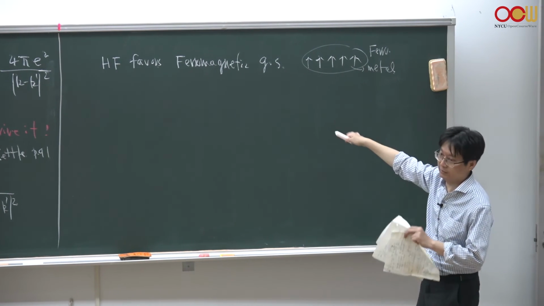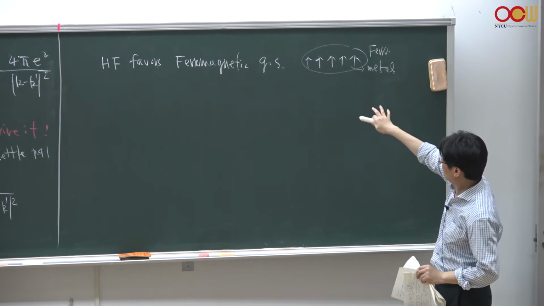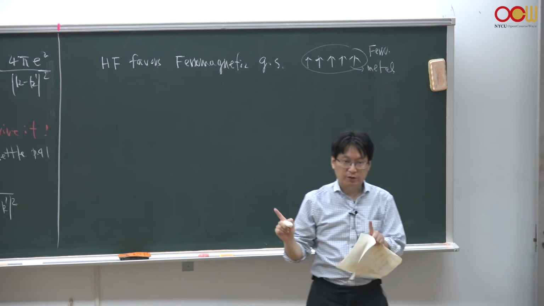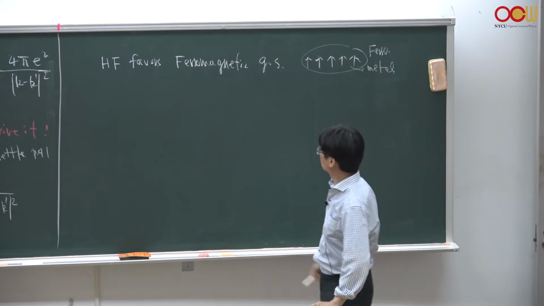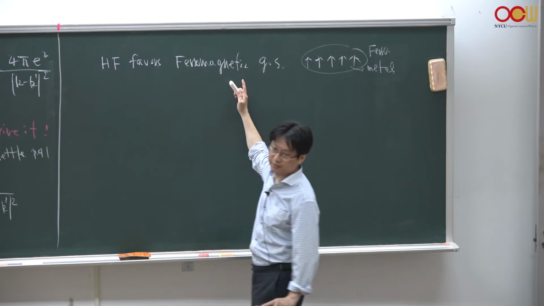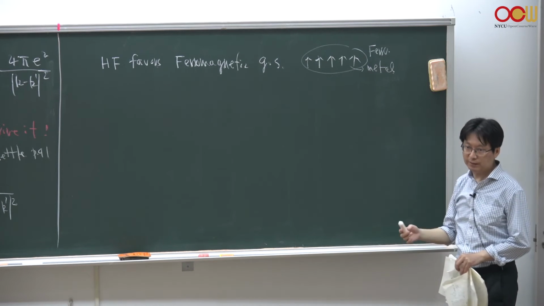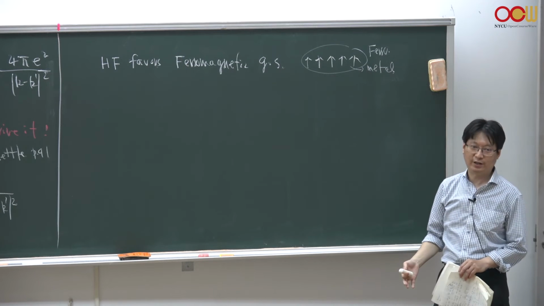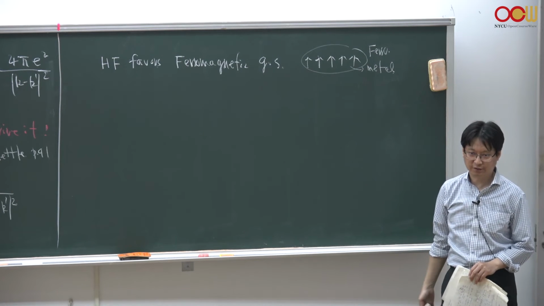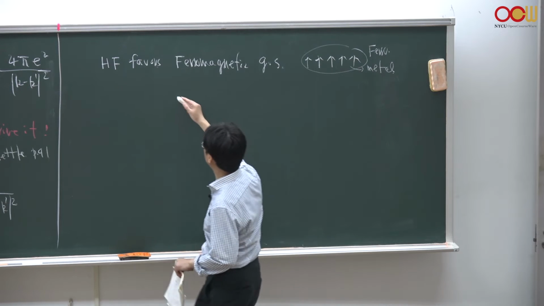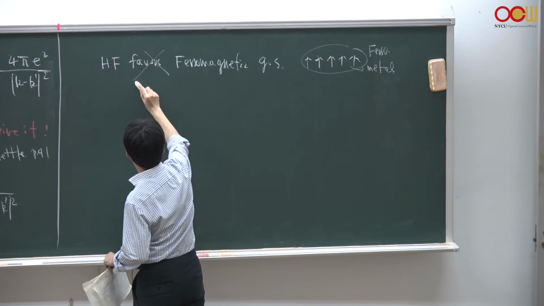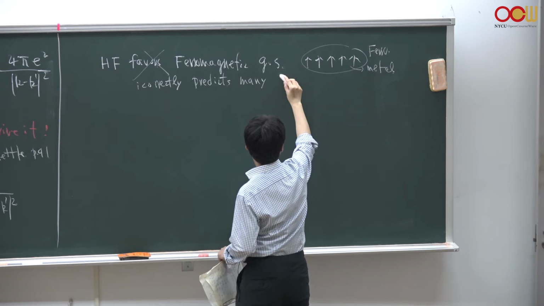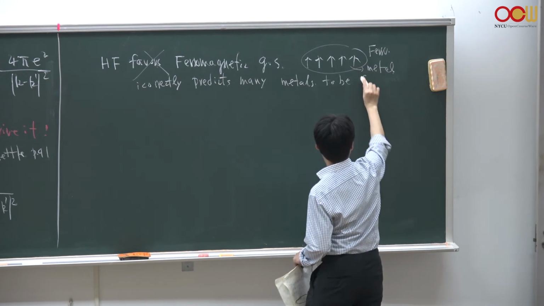And we will come to that in just a moment, but let me just tell you that because these interactions are between same spin species, this Hartree-Fock theory favors ferromagnetic metals. So many metals that are not ferromagnetic become ferromagnetic within the Hartree-Fock. So the Hartree-Fock incorrectly predicts many metals to be ferromagnetic.